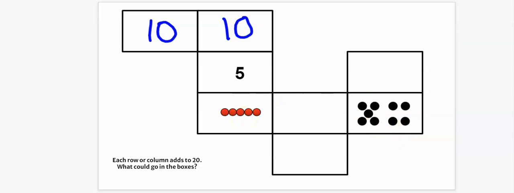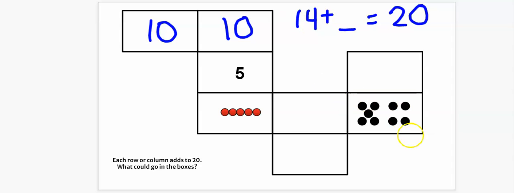So I have 9 and 5. If it were 10 and 5, that would be 15. But it's 9 and 5, so it's 14. So 14 plus something, we need to have 20.